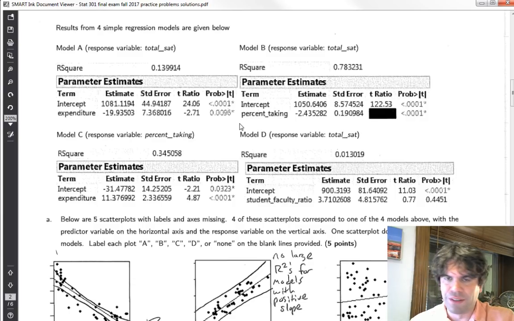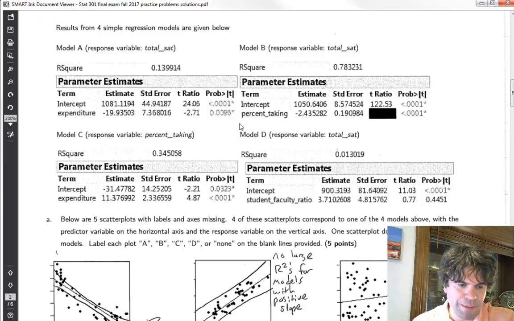So the really simple example we talked about way at the beginning of class, and we've seen a couple more times, is you've got a child's height versus child's vocabulary, and you say, hey, look, taller children know more words. Well, there's a confounding variable. It's age, because taller children are older, and older children know more words.